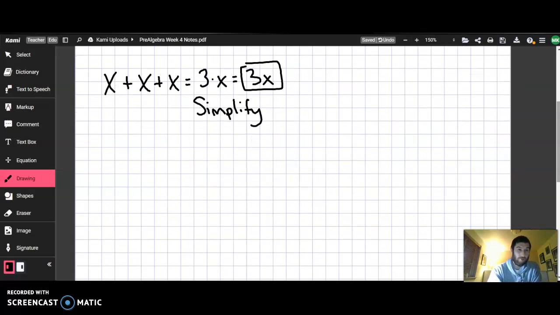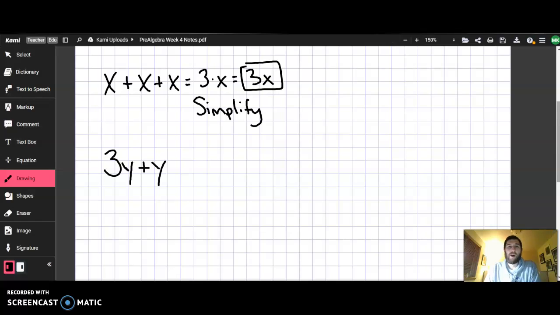Let's do 3y plus y. So looking at the example above with x plus x plus x, it is 3x because we are adding 3 x's. Addition, when it's repeated, is multiplication. 3 times x is x plus x plus x. We're counting the number of x's that are being added together.